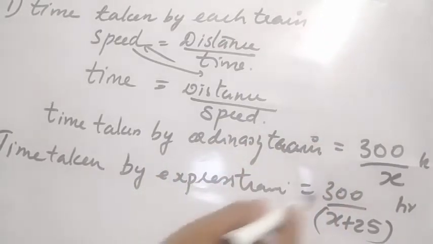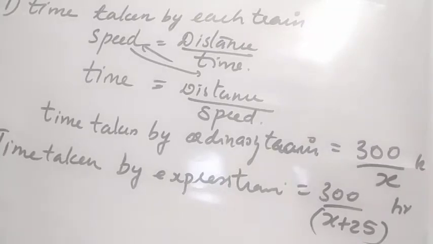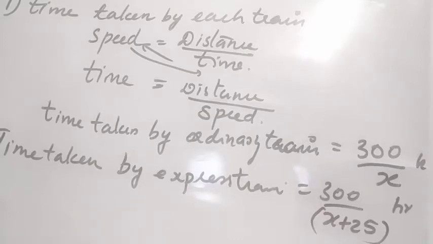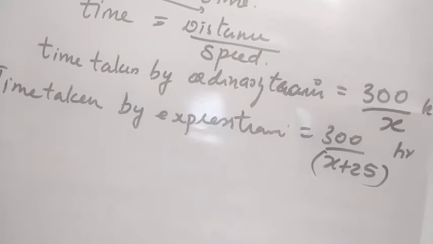Yes, 300 by x minus 300 by x plus 25. That means the difference between the time taken by the two trains is equal to 2 hours. Understood? How can we relate them? Yes, time taken, not the distance covered.